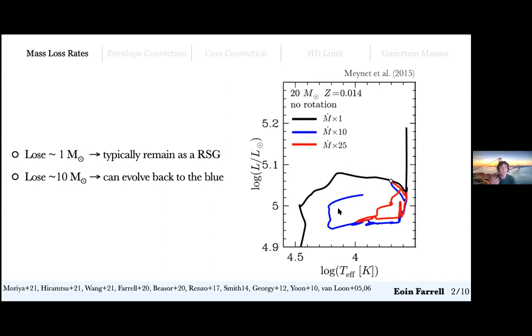In fact, once the envelope contains less than about 40% of the total mass of the star, any further mass loss will cause a star to evolve to higher effective temperature, as we showed in my work last year. The key point to keep in mind with regard to mass loss is that, generally speaking, if a star loses about 1 solar mass, it will typically remain as a red supergiant. On the other hand, if it loses 5 to 10 solar masses, it can evolve back to the blue.